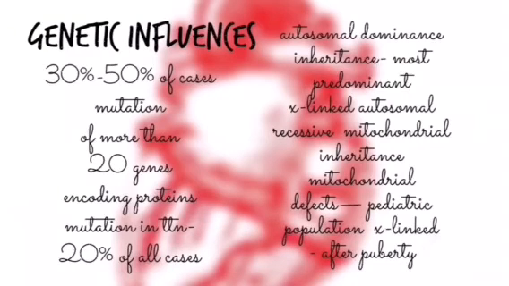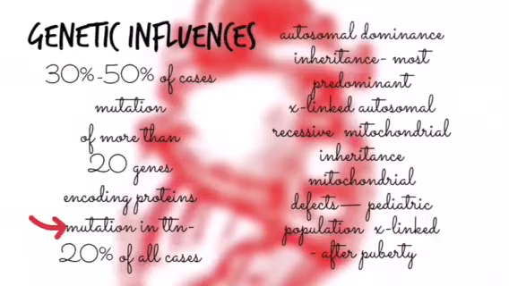First of all, about 30 to 50% of cases are because of genetic. Out of all the dilated cardiomyopathies, 30 to 50% of cases are genetic. This is because of mutation of more than 20 genes encoding proteins.